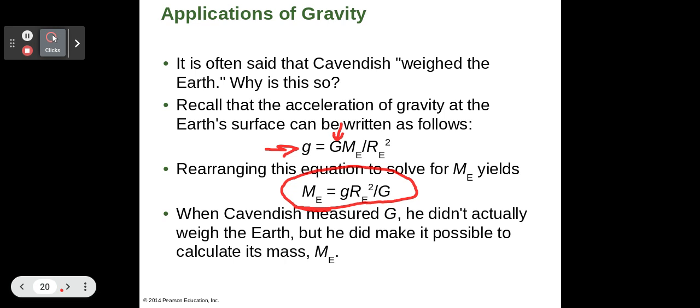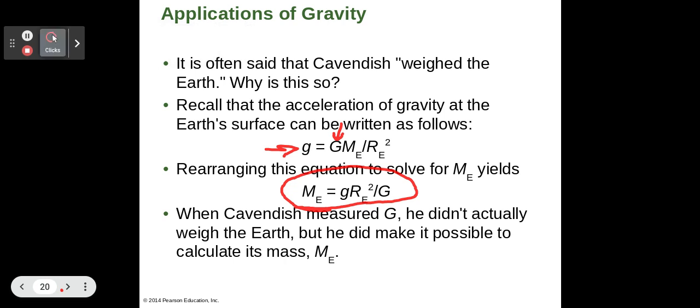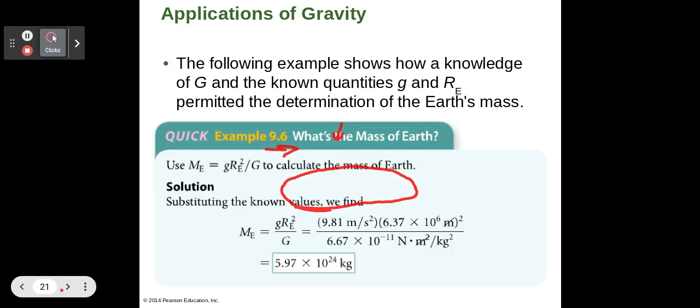It's not just a calculation for a calculation's sake. He just used algebra and calculus to rearrange this equation and solve for the mass of the Earth. Sometimes life is just one big word problem.